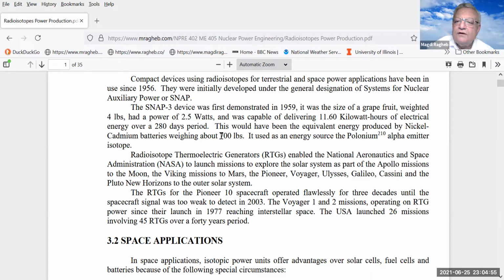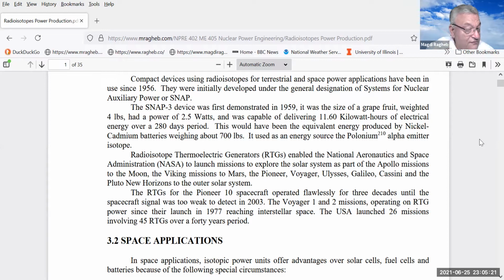So you could see that that was of great interest. The isotope used in that at the time was polonium-210. Polonium-210 is an alpha emitter. It emits alpha particles. And we'll see that you can get the energy from those isotopes to generate heat, and then you can transform the heat into electricity.